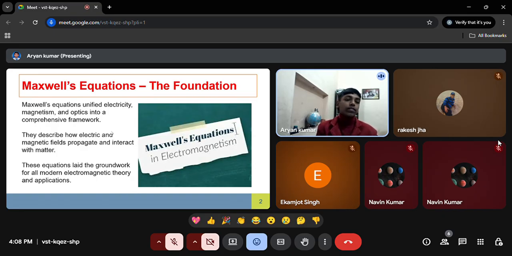There are four equations that form the foundation of electromagnetism. These equations describe how electric and magnetic fields are generated and interact with each other. It unifies the previously separate theories into one.